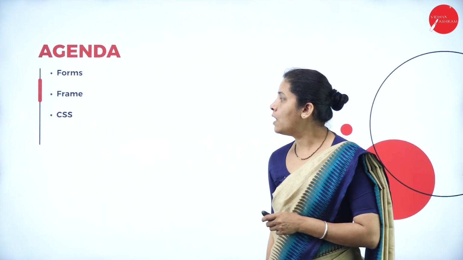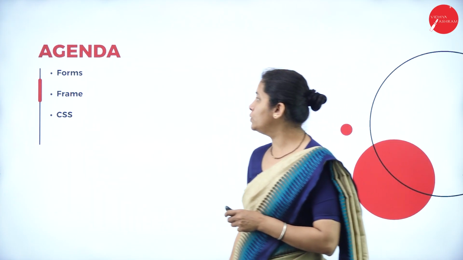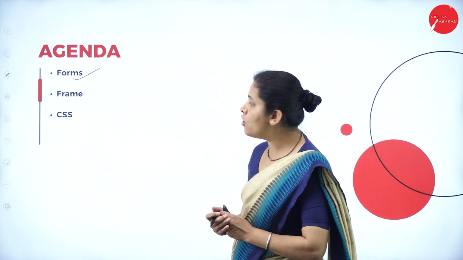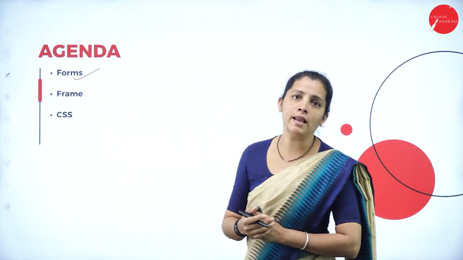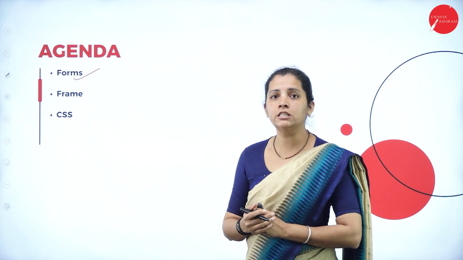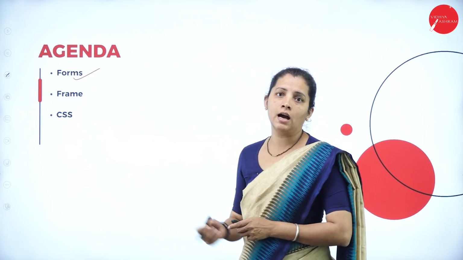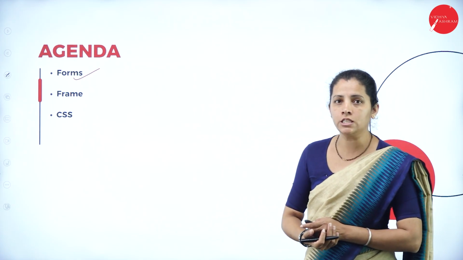Okay, fine. Now, in today's session, I'm going to deal with how I can create forms, frames, as well as cascade style sheet. So these are the three important topics I'm going to deal with in today's session.